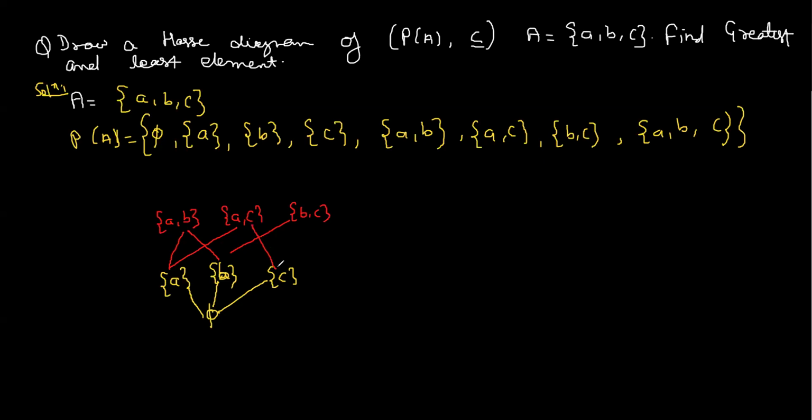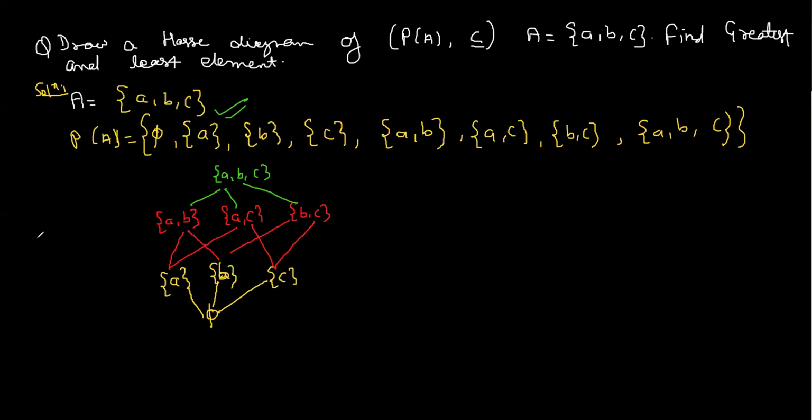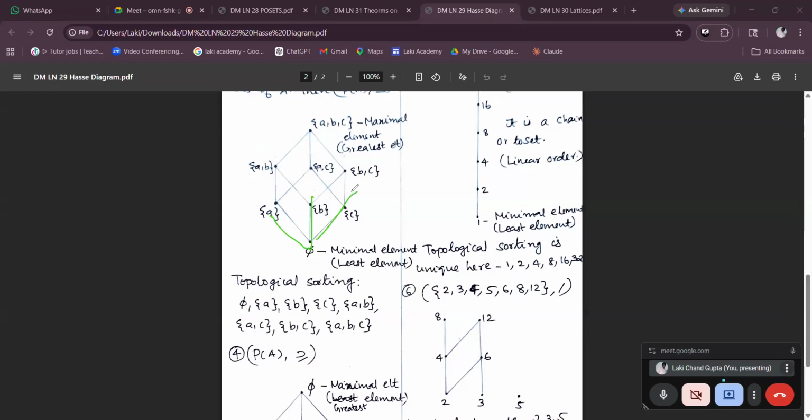And C is a subset of those sets which contain C, right? And AB is a subset of ABC, right? This is the Hasse diagram of this. But it really looks like this, right? The structures are the same, you can check. This is the same level. This is the second generation. This is the third generation. Okay.